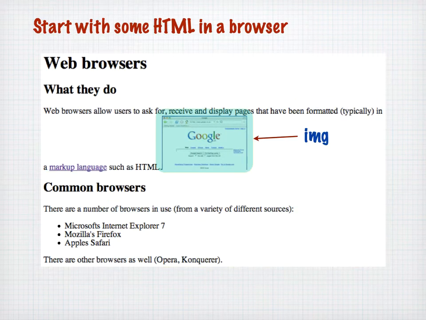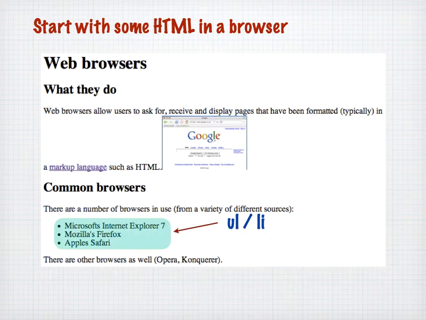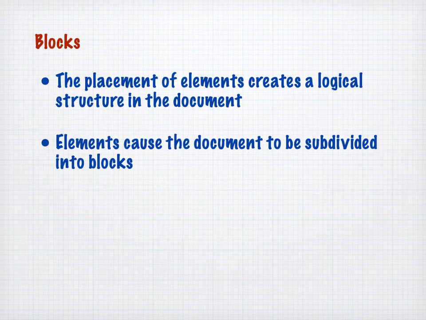And in those paragraphs, we've got an image, a link, something like that, and an unordered list with list items that are being indicated with bullet points. Well, let's have a quick look at the source here. You can see we've got markup around the green text. Now what we're actually doing by placing markup into that document is we're obviously indicating a logical structure.